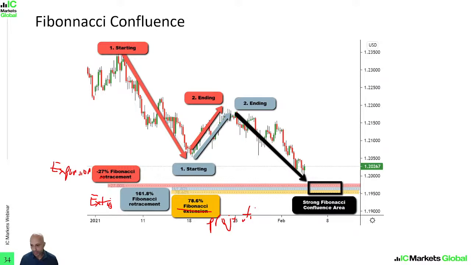Alright, we're back to confluence. So how are we going to use various Fibonacci levels to help us identify a strong confluence area? That means we have more than one Fibonacci level at that particular price zone. In this example, we have the expansion level here.